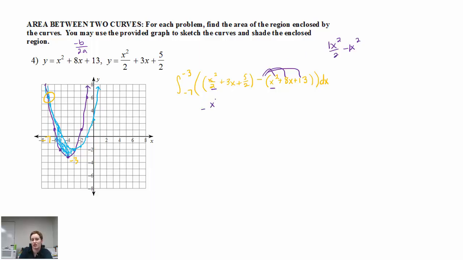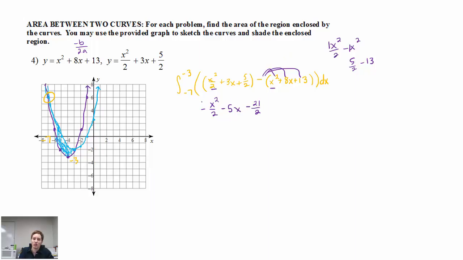So this is -x squared over 2. The 3x minus 8x, because remember the negative gets distributed, is -5x. And then 5/2 minus 13 is the other thing we need to do. Let's see, 5/2 minus 13, that would be -21/2.